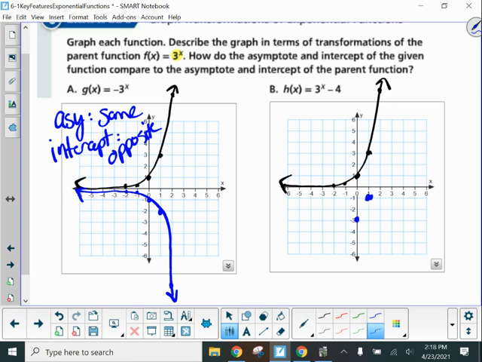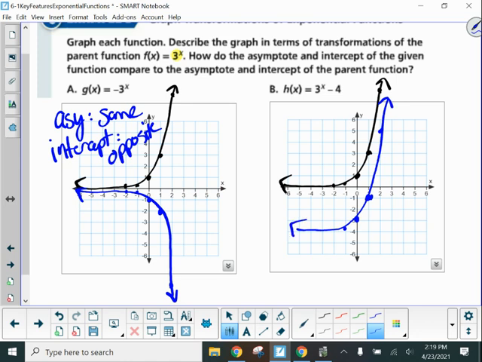The 3 moves down to negative 1. My 9 is going to move down 4, so it's going to be at 5. My 1/3, if I keep my spacing 1, 2, 3, 4, that's going to be negative 3 2/3, so I'm going to be looking at something like that.